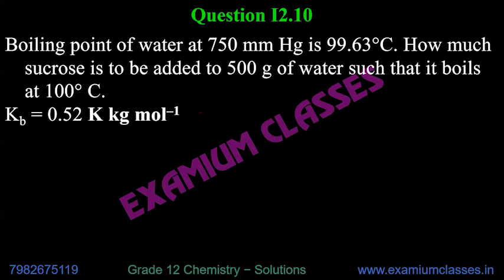Now the question, and this is something you have already done based on that concept. Boiling point of water at 750 mmHg is 99.63 degrees Celsius. How much sucrose is to be added to 500 grams of water such that it boils at 100 degrees Celsius? Kb, although here it is given as 0.52, you need to remember Kf 1.86, Kb 0.52 for water.